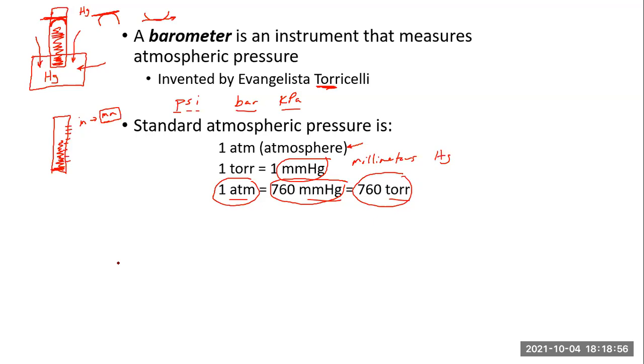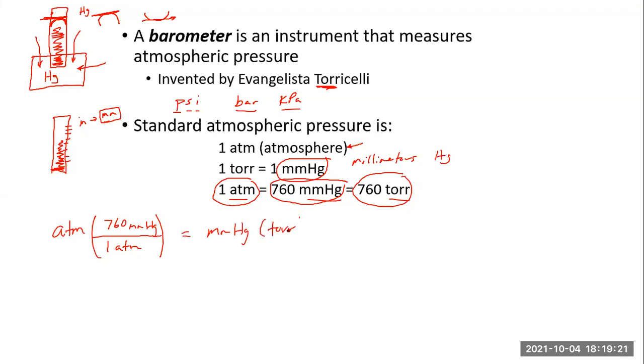So clearly the 760 number is important. If you have atmospheres and you want to convert it into either millimeters of mercury or torr, you're going to multiply by the 760. That will give you millimeters of mercury or torr.